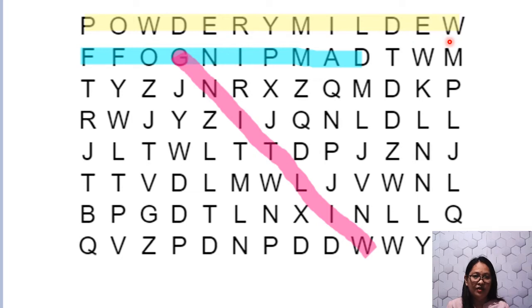Second word, which is written backward, is damping off. And the last word, which is written diagonally backward, is wilting. I guess you got the 3 correct words.